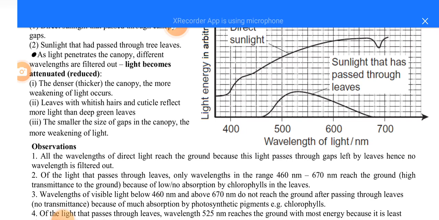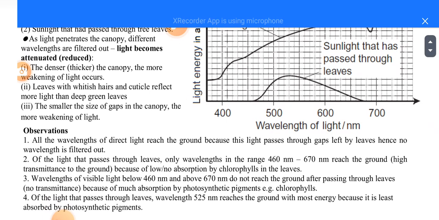Then number 2, of the light that passes through leaves, only wavelengths in the range of 460 nanometers to 670 nanometers reach the ground, or in bracket, high transmittance to the ground, because of low or no absorption by chlorophylls in the leaves.